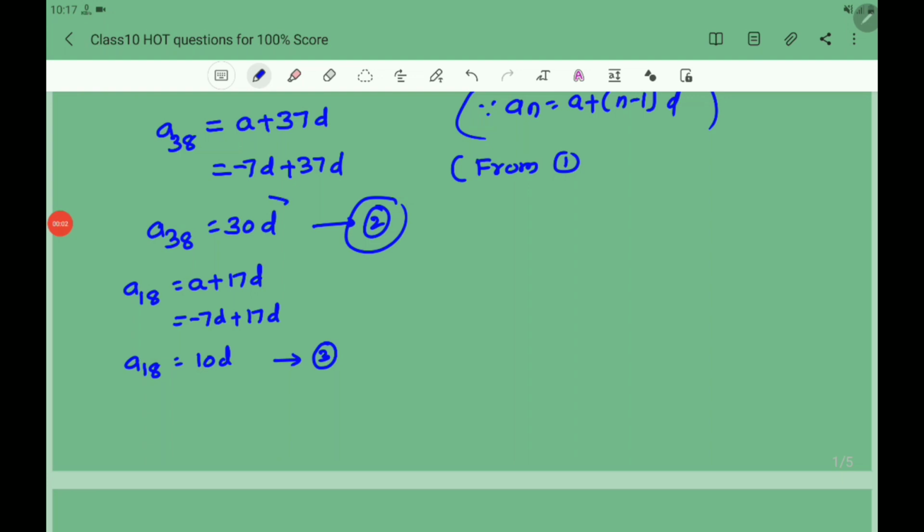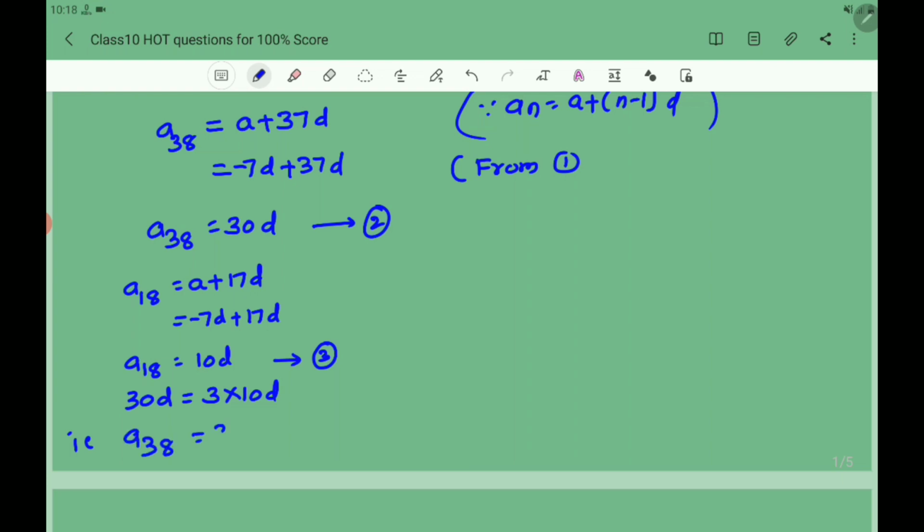In 2 you got A38 equals 30D. In 3 you got A18 equals 10D. You know that 30D is equals to 3 into 10D. 30D is A38.